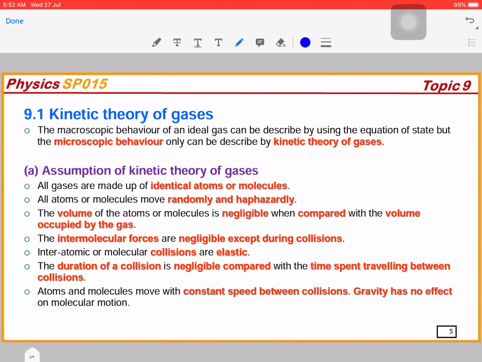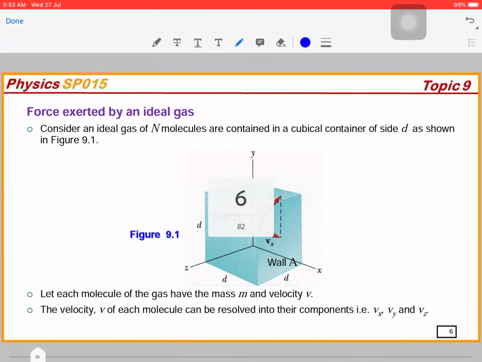Next, the duration of collision is negligible compared with the time spent traveling between collisions. And lastly, atoms and molecules move with a constant speed between collisions, and gravity has no effect on molecular motion. So all these assumptions we have to consider before we use kinetic theory of gases.